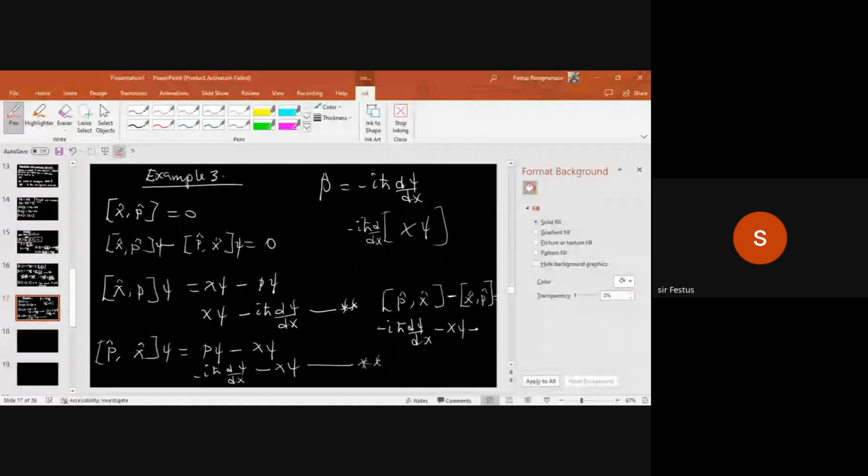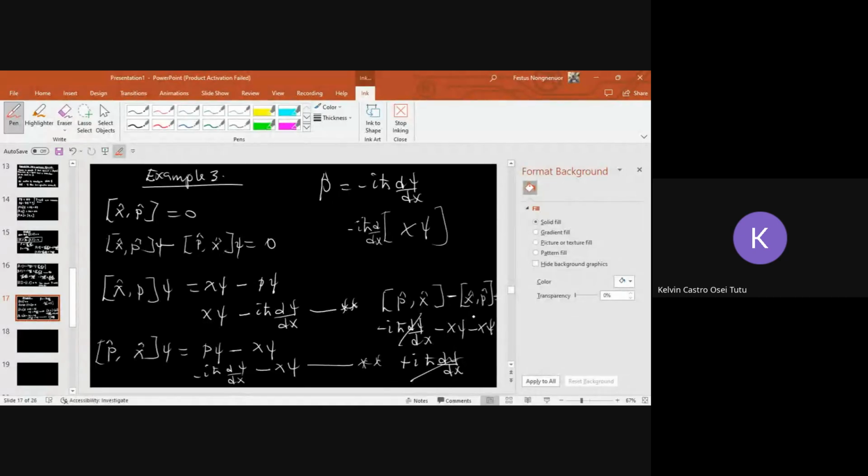Then minus this, so minus becomes positive, so plus iH d psi on the X. So we'll have this being cancelled, and this will give us 2 of psi.